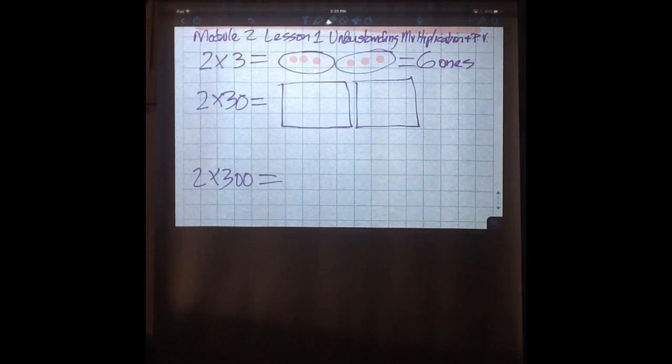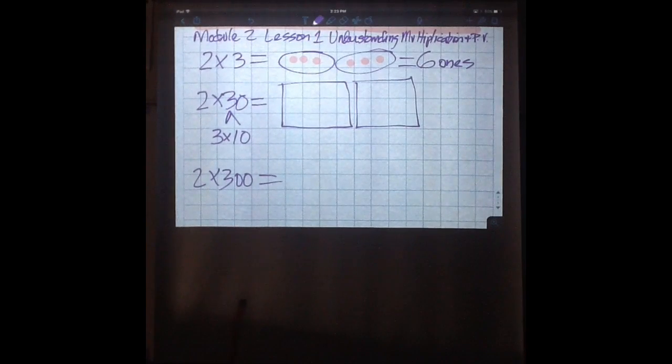If we decompose this number, or distribute it, we would have 3 tens, right? So we could write that out as 3 times 10. That would make 30.